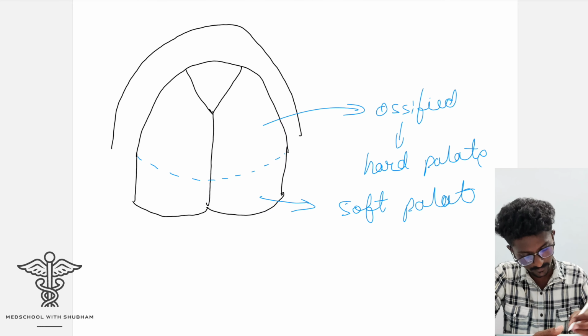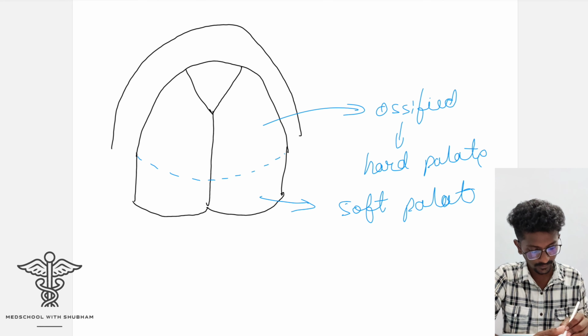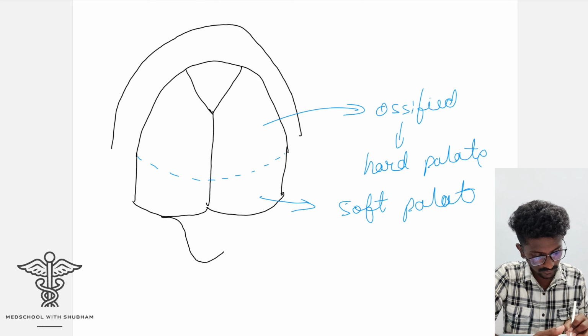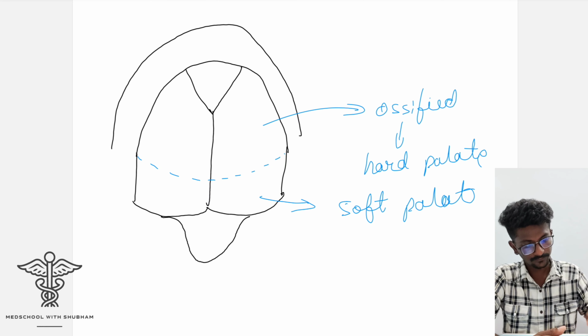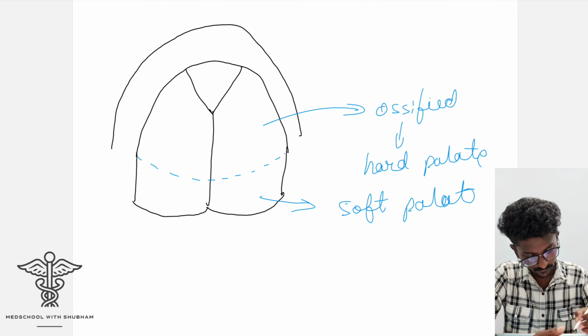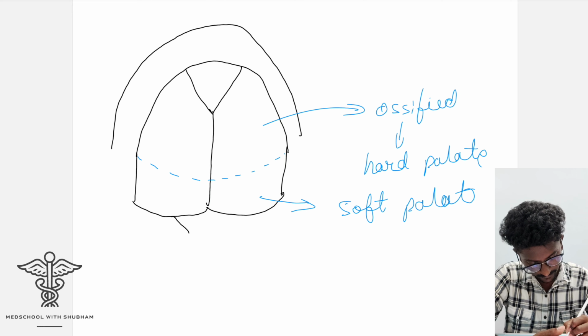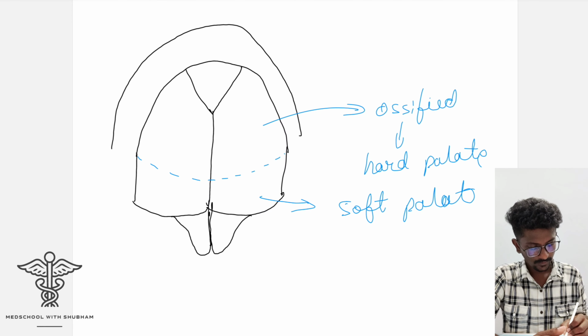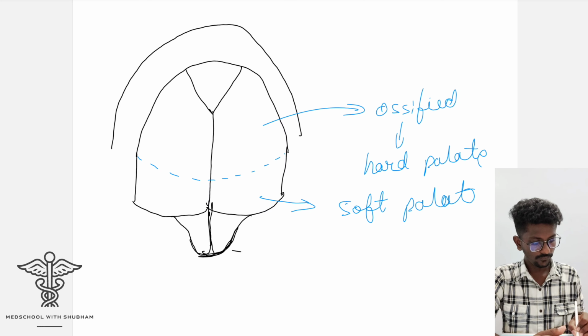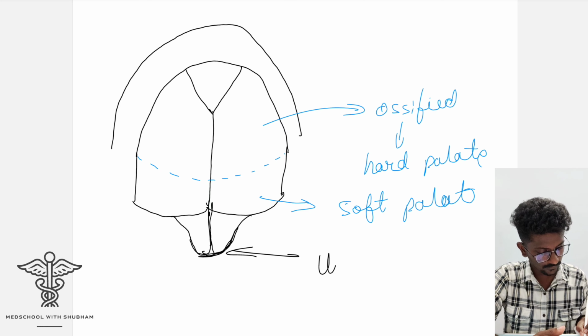The most posterior part will form an extension over here. It will grow in this way, and then it will also fuse together, and then a uvula will be formed. This is the uvula.